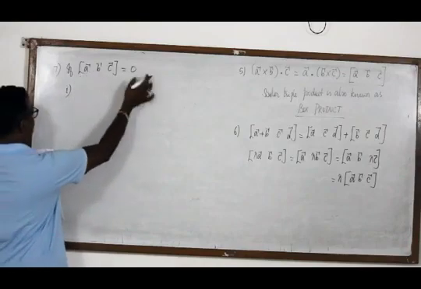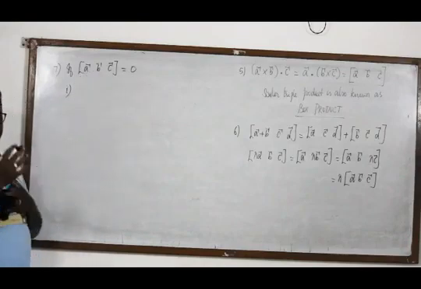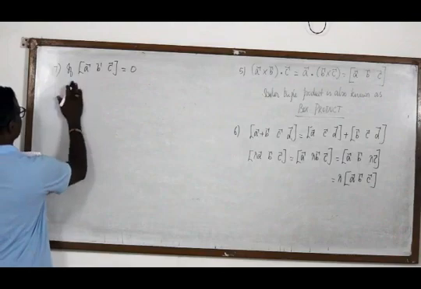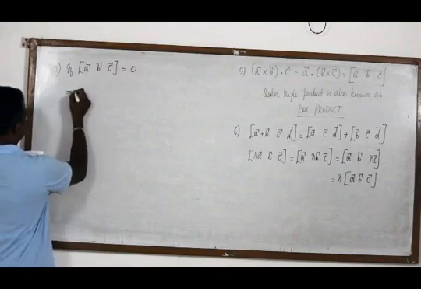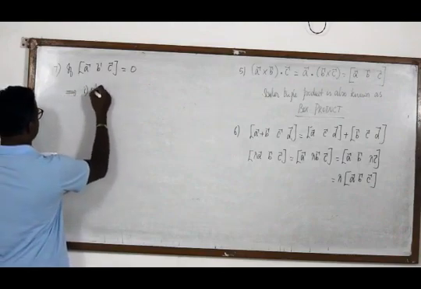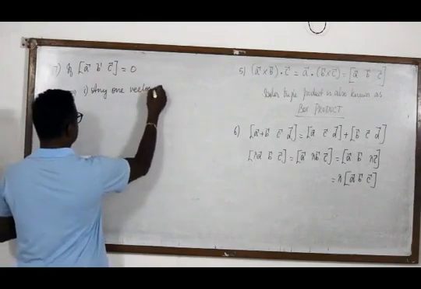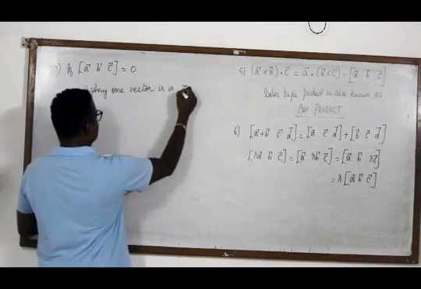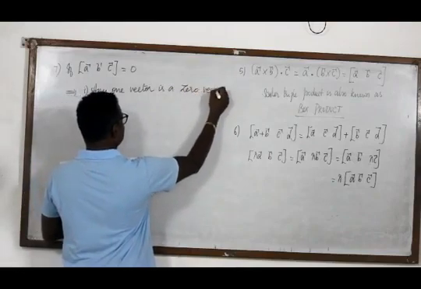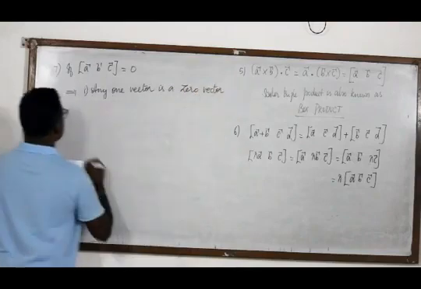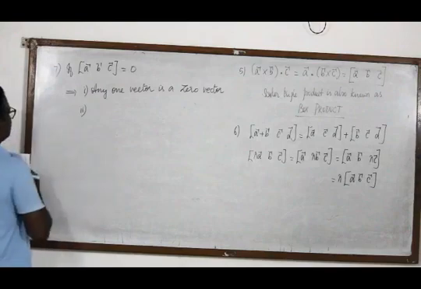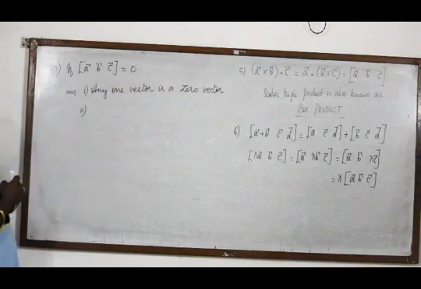If any one of the vectors is a 0 vector, then the box product will be 0. First case, any one vector is a 0 vector.